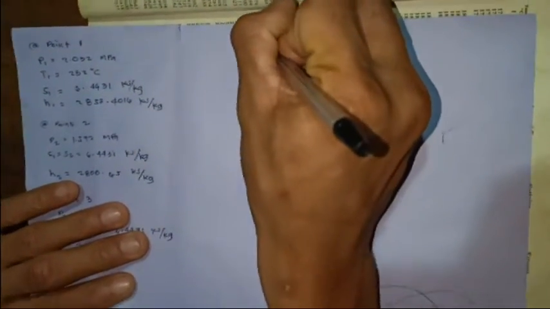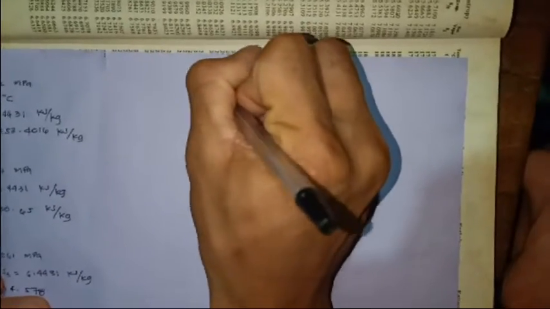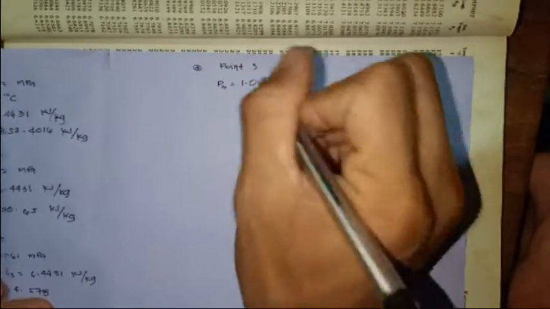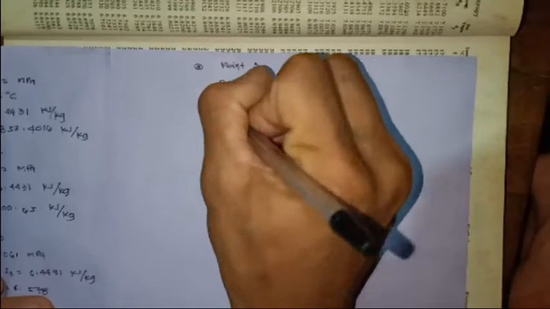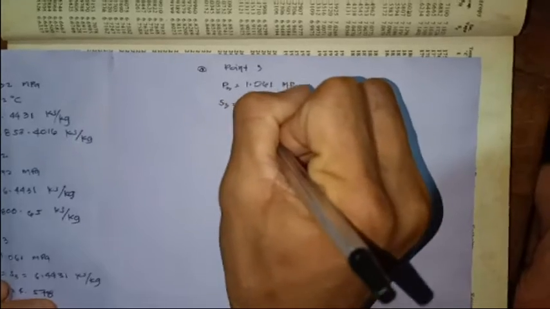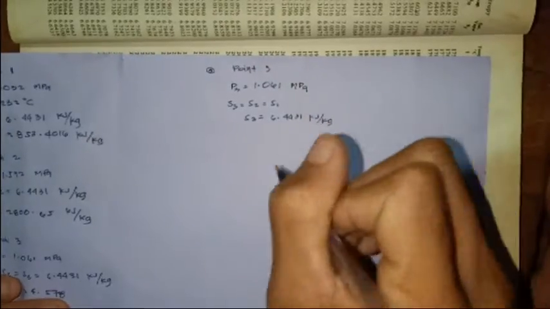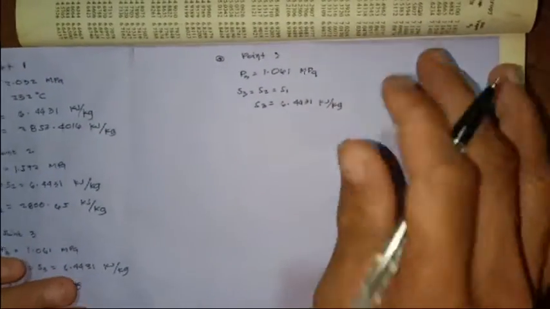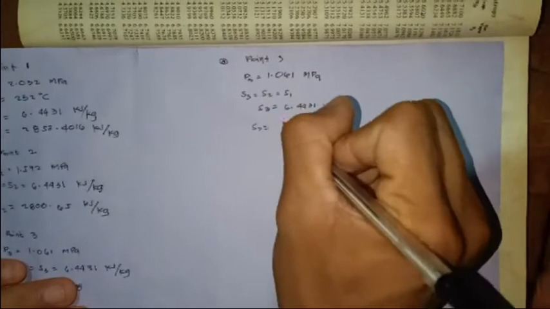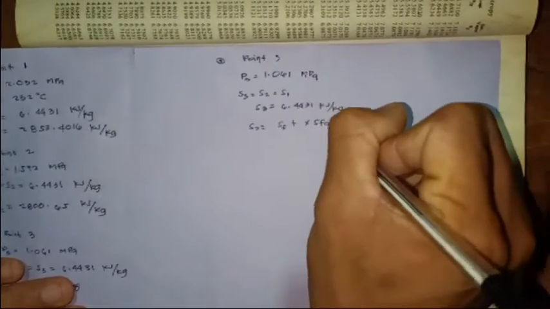At point 3, we have a given pressure of 1.061 megapascal, where S3 is equal to S2 is equal to S1. So S3 is equal to 6.4431 kilojoules per kilogram K. At this point, we can get the value of X using the formula S3 equals SF plus X times SFG.